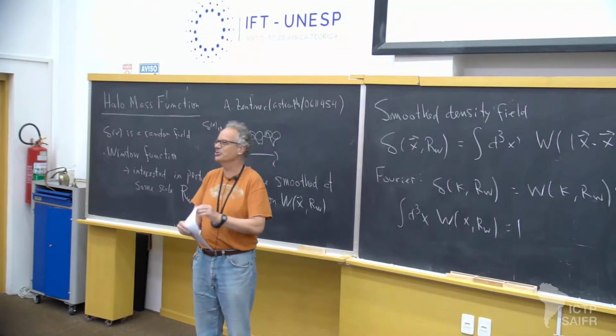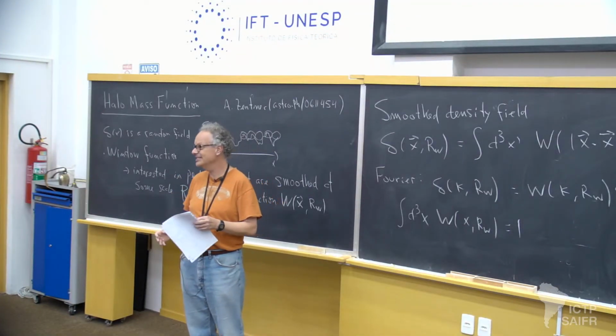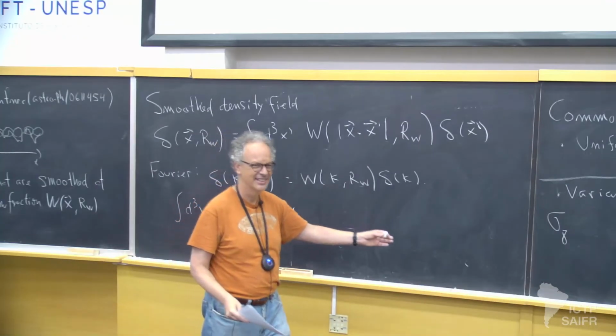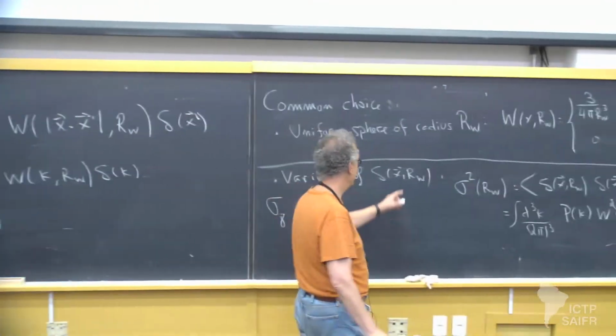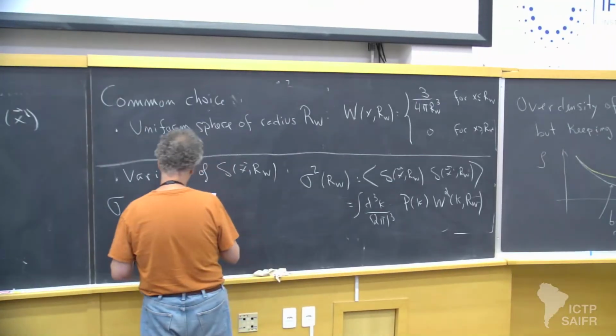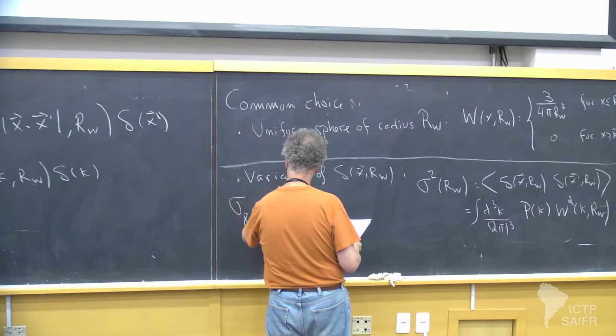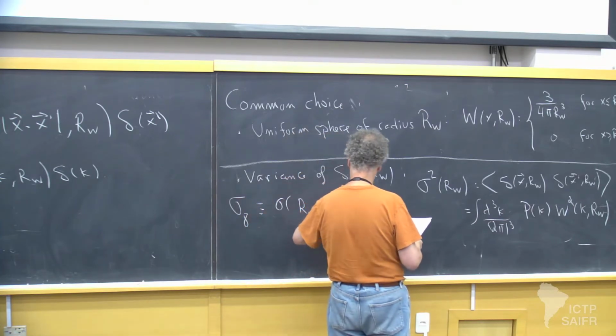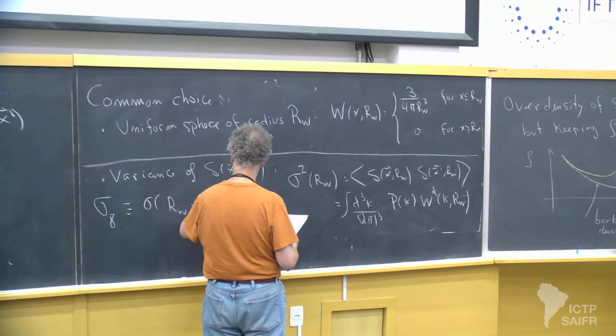So sigma 8 is one of the most important observational quantities. And guess what 8 is? Yeah, so 8 is this radius here, right? It's 8 megaparsecs h minus 1. So sigma 8, by definition, is sigma of R_W equals 8 h^-1 megaparsec.